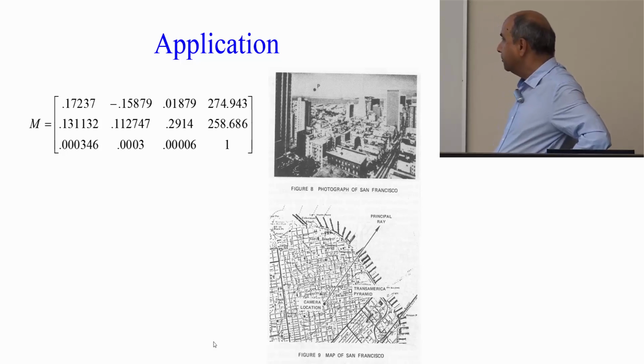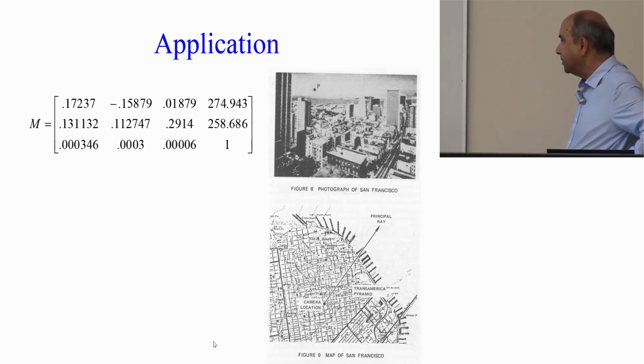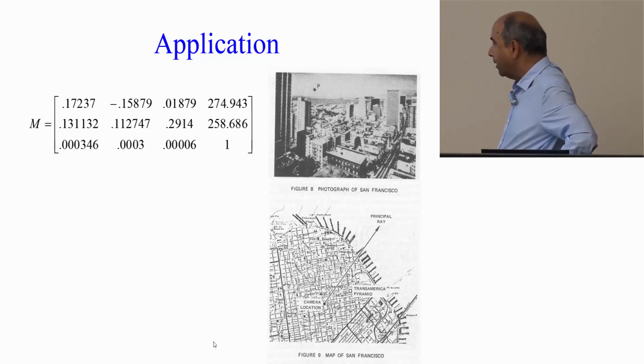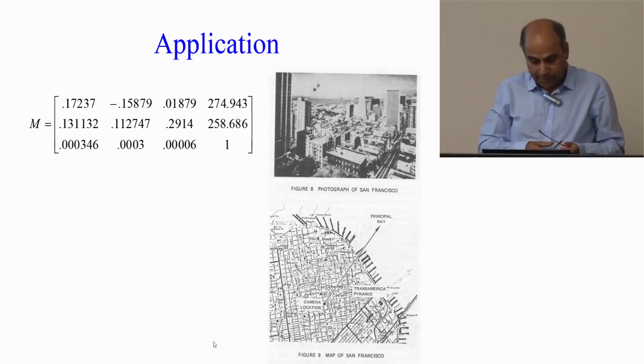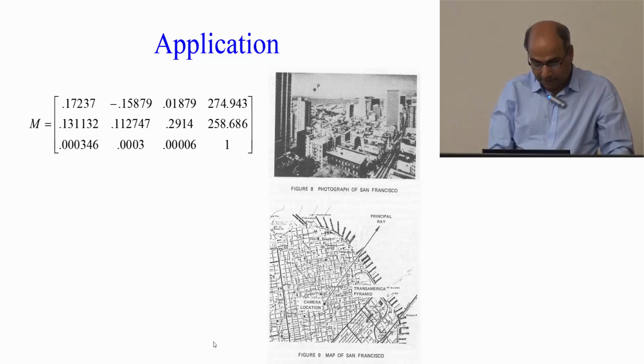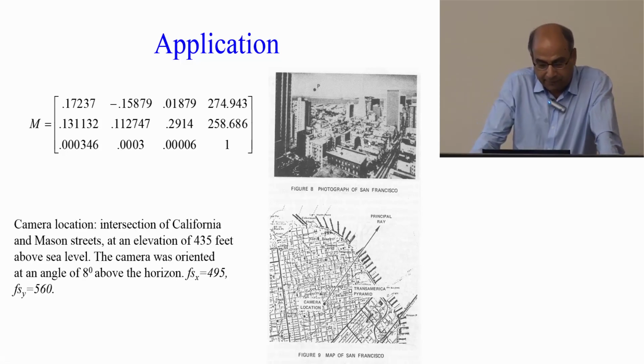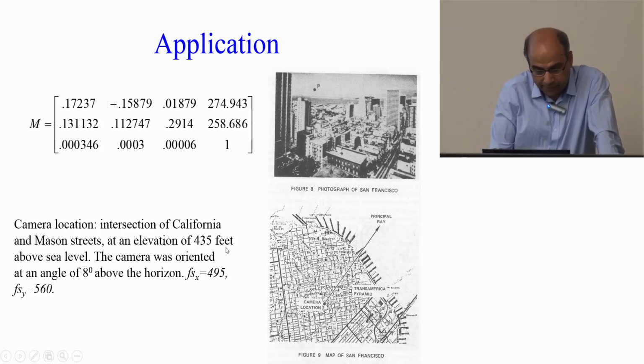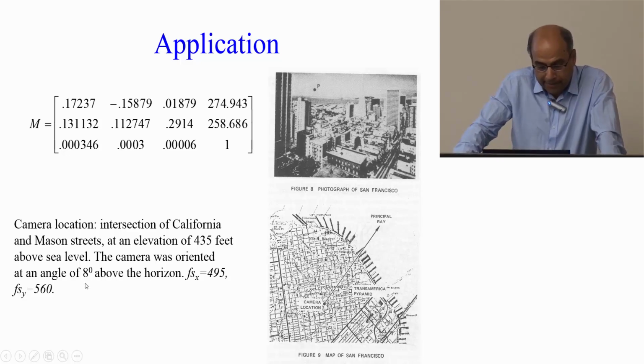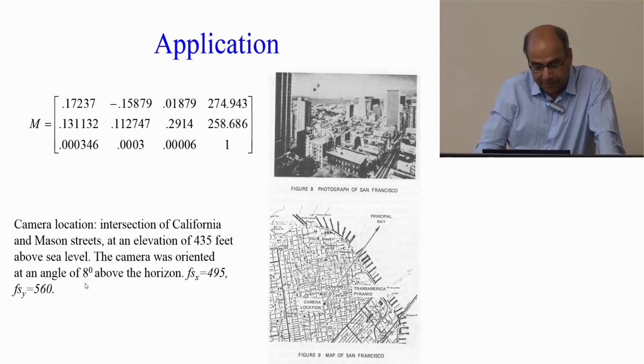So given that camera matrix, they found out that this particular picture was taken at the intersection of California and Mason Street at an elevation of 435 feet above sea level, and this was the angle, oriented 8 degrees above the horizon, and these are the focal lengths and so on.